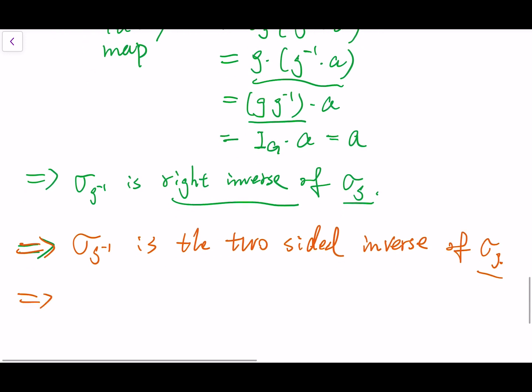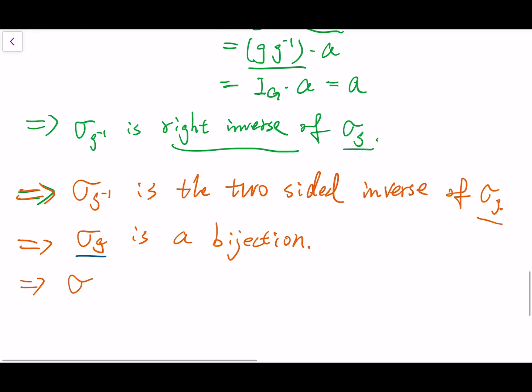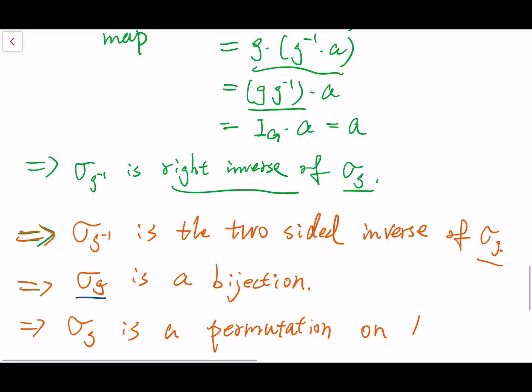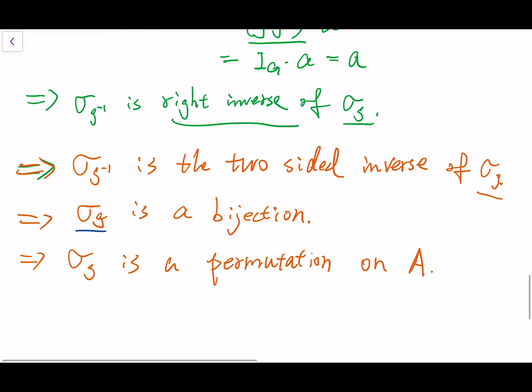Because sigma G has a two-sided inverse, it means that sigma G is a bijection. And then by the definition of permutation, sigma G is a permutation, and because it maps A to itself, a permutation on A. Okay.